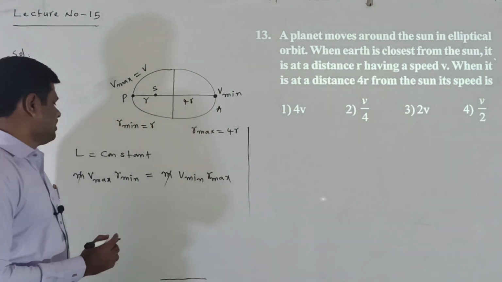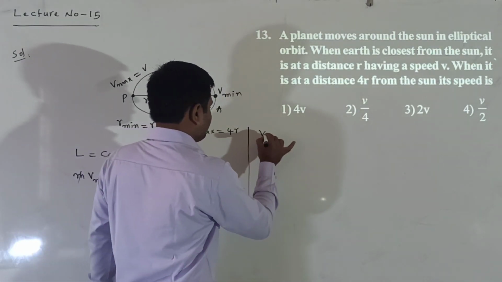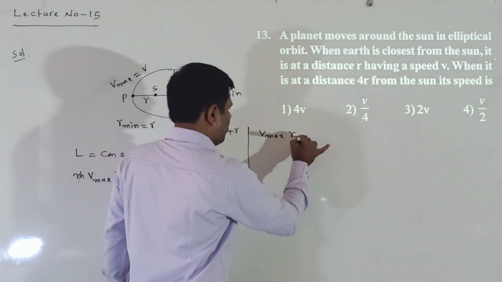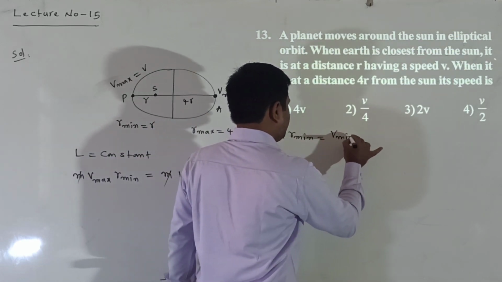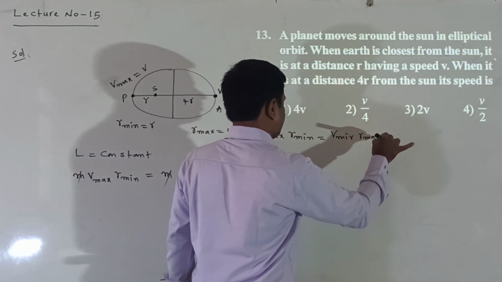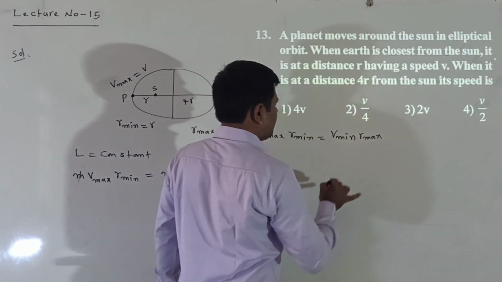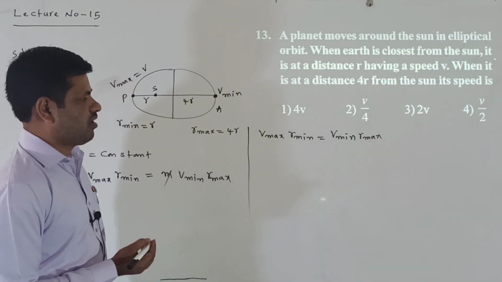V minimum is being asked here. From this, V maximum into R minimum is equal to V minimum into R maximum. V minimum is required, that is at a distance 4r.